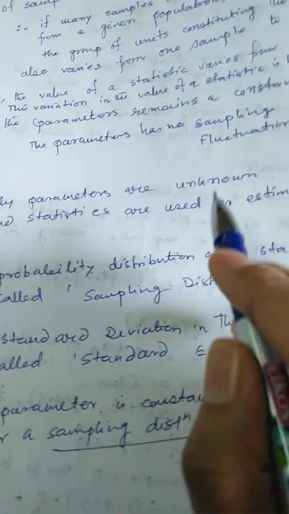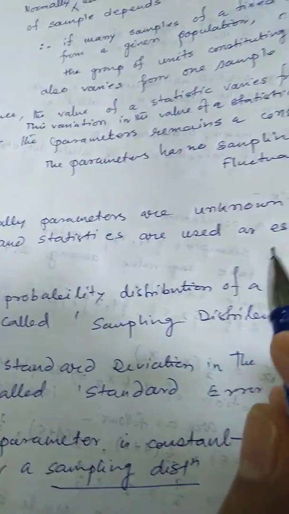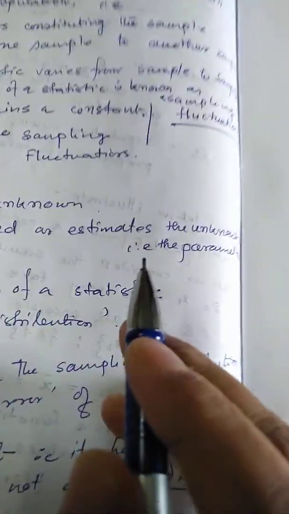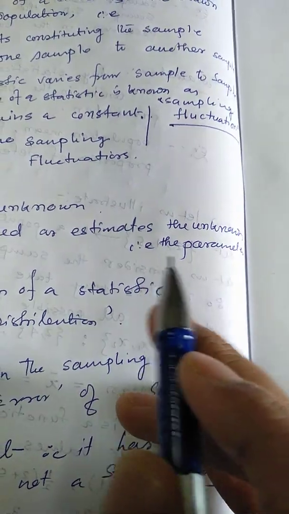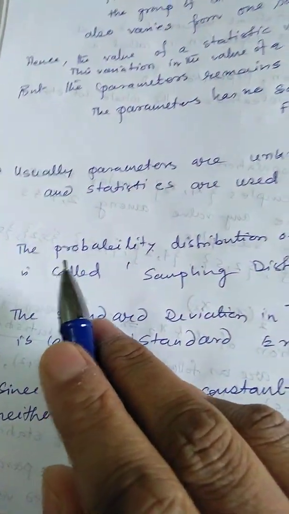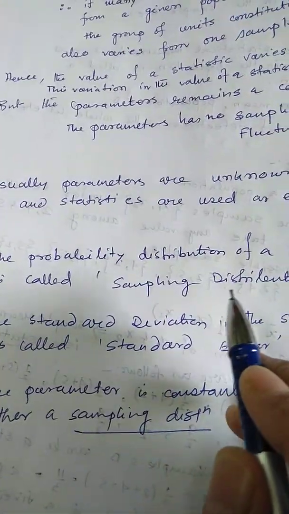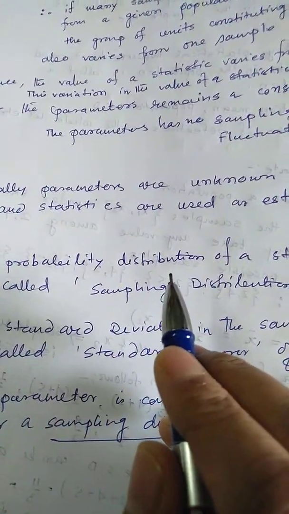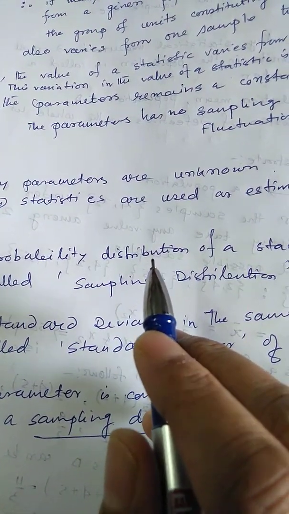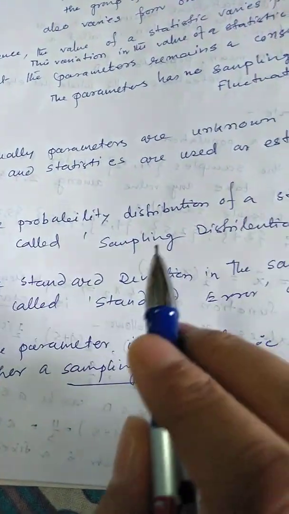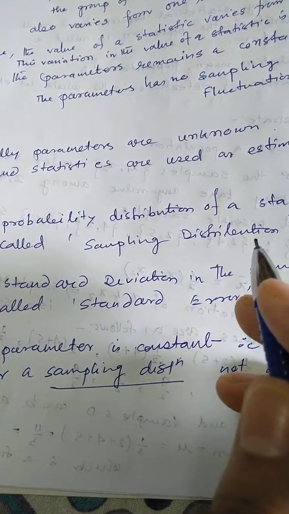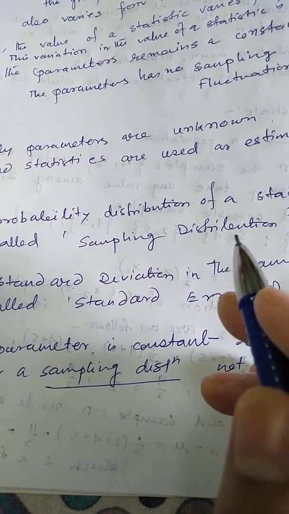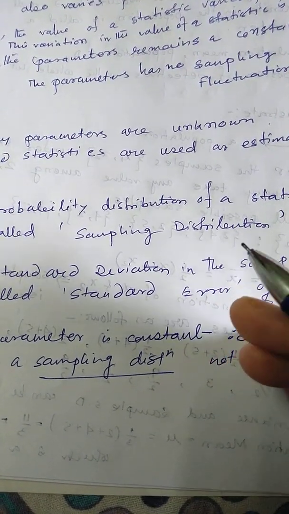Now we have some conclusions. Number 1: usually parameters are unknown, and statistics are used to estimate the unknown parameters. Number 2: the probability distribution of a statistic is called a sampling distribution. You know a probability distribution means we have the random variable and the corresponding probability values. Similarly, a sampling distribution means we have the sample values with the corresponding sampling probability values.